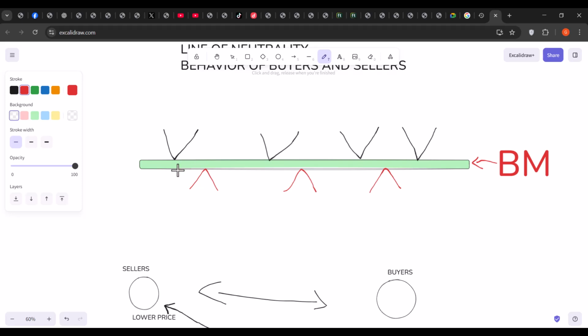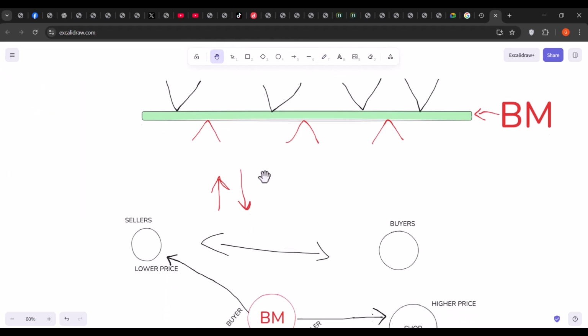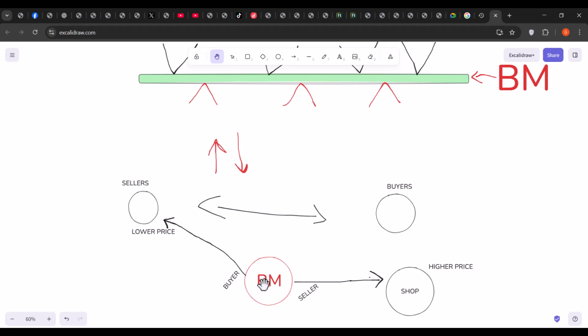So yeah, over here, the sellers are at the top, waiting to push price down. So it's basically like the buyers are going to give the market to the sellers. Then the sellers will also bring the market down to the buyers. When they bring it down, it means the price becomes lower. And who is the buyer over here? The same BM, the businessman.